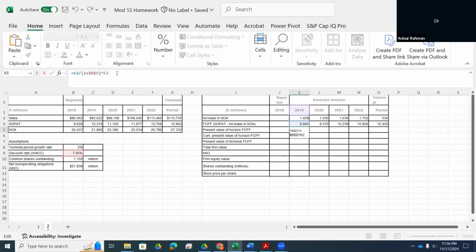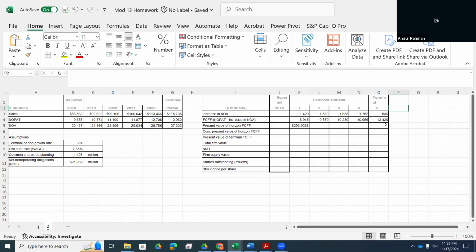So they're the same. Hit enter. Now remember, this should be our 1, 2, 3, 4, 5. Okay. So I am going to pull this across up to this, not here, up to this.